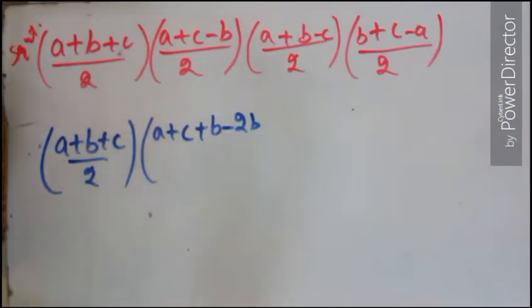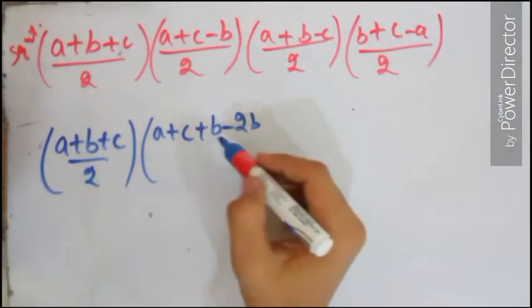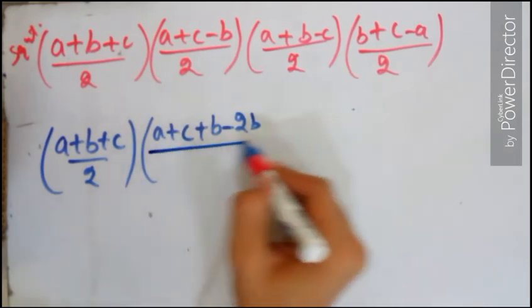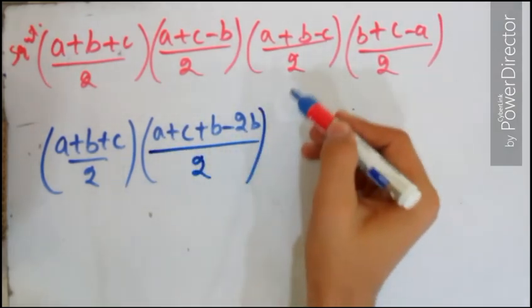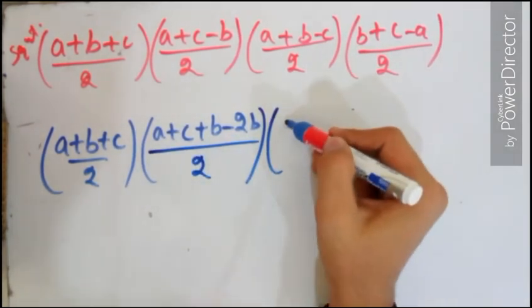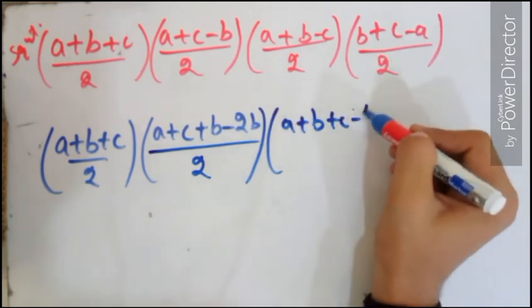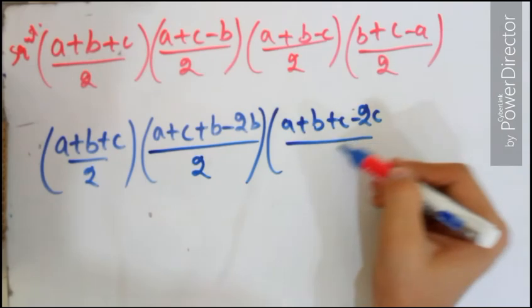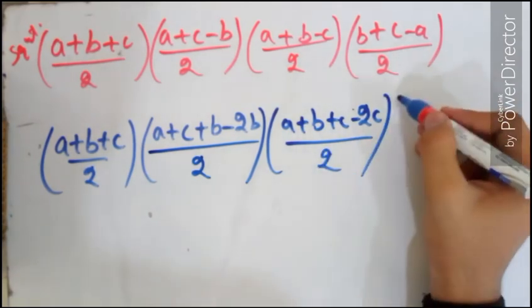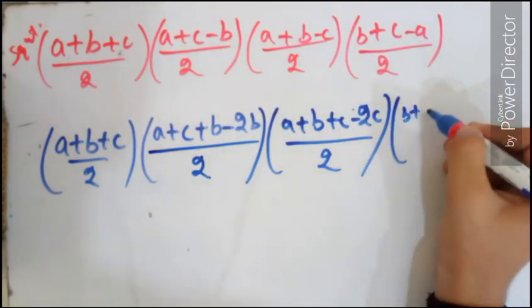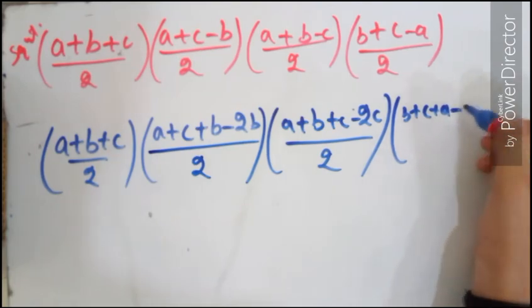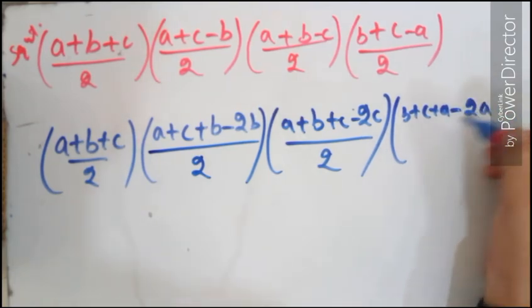So I'm writing this for the sake of convenience as minus 2b plus b. Similarly, here also I write this as (a plus b plus c minus 2c) upon 2, and same right here, (b plus c plus a minus 2a) upon 2.